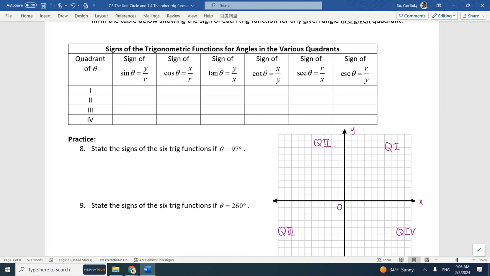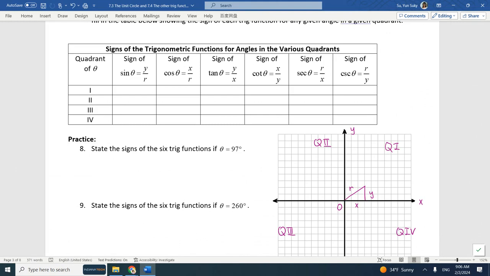Let's look at quadrant 1. Quadrant 1 is right here. Imagine we have a point here. That's the R. The vertical distance is the Y. The horizontal distance is the X. Now tell me, is X positive or negative?